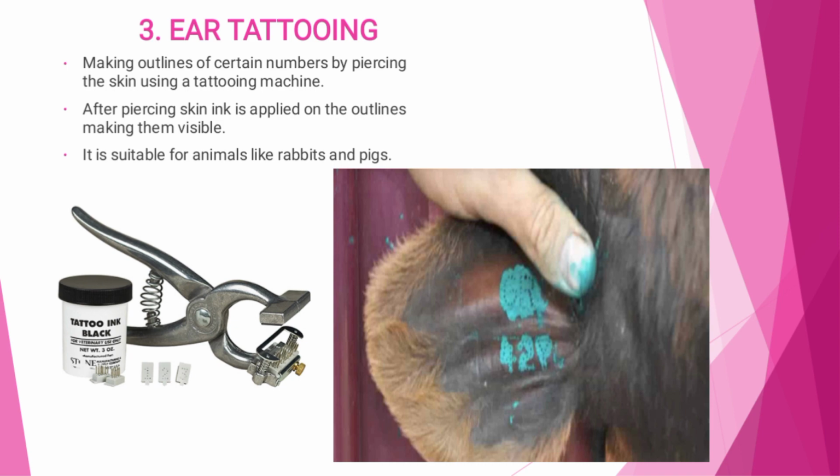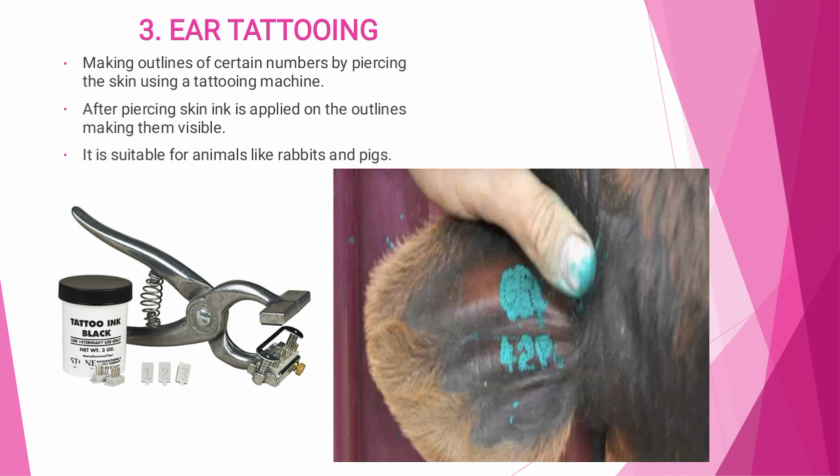The third method is ear tattooing. This involves making outlines of certain numbers by piercing the skin using a tattooing machine. The tattooing machine is the left hand side machine that you can see there.